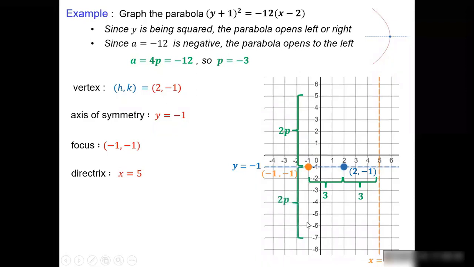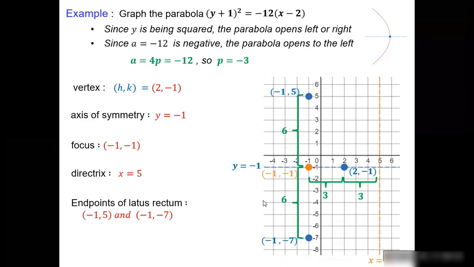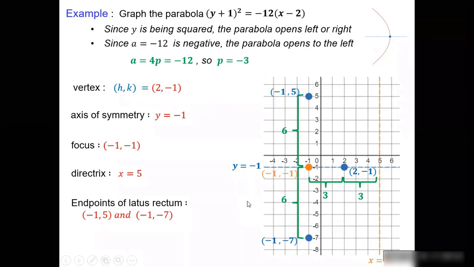Well, remember that 2p is simply 2 times 3 units, which really means that I'm moving 6 units up and down from the focus. So we can plot our new points, which are going to be -1, 5 and -1, -7. And once we have those, we can get rid of all the extra information and construct our parabola.